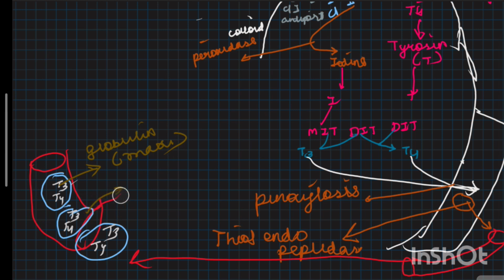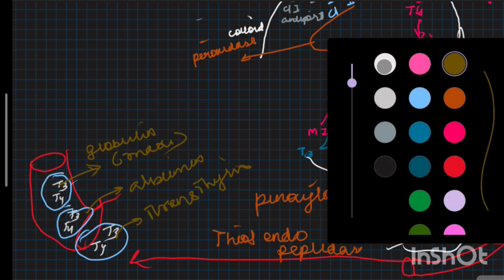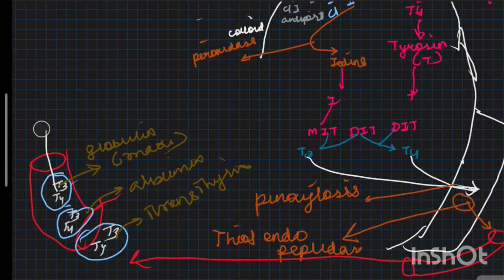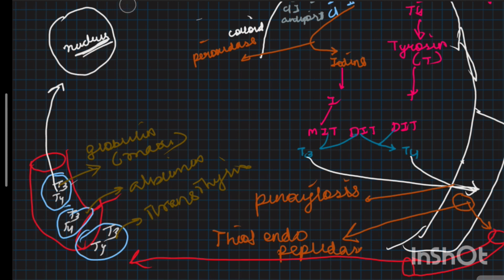It can be albumin, or it can be transthyretin. And now this T3 and T4 enter the receptor. So remember, the thyroid receptors are present inside the nucleus. This can be an important MCQ you need to remember.